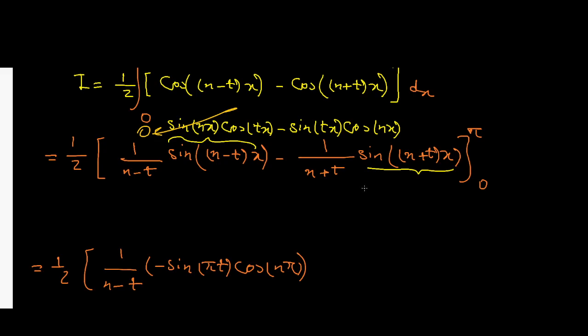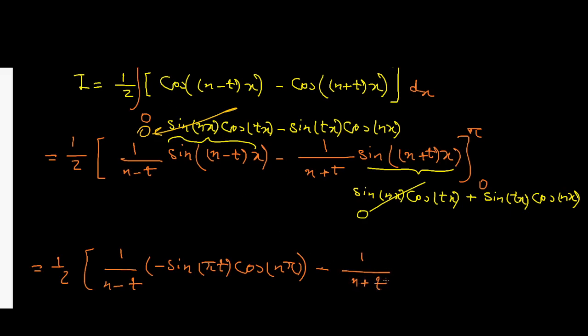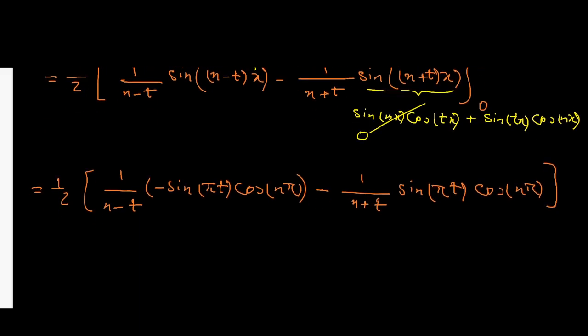If I write the expanded form of this, again using sum and difference identities, we get sine nx cos tx, which is again 0 at 0 and pi, plus sine tx cosine nx, which again gives us 0 at 0, and at pi we get sine of pi t times cosine of n pi, and there is this factor of negative 1 over n plus t, sine of pi t cosine of n pi. Okay, perfect.